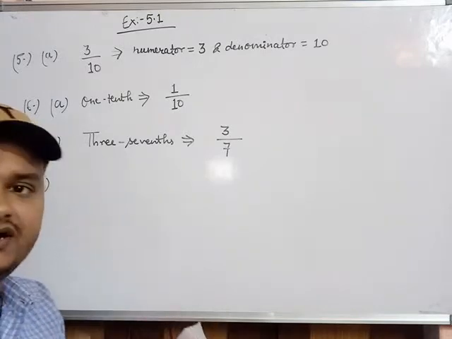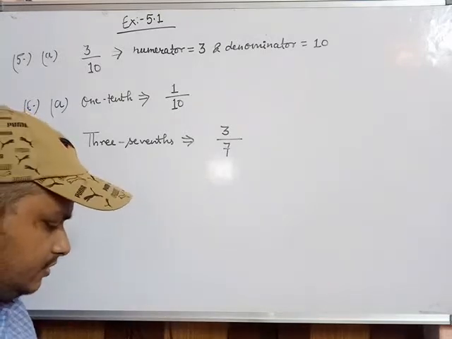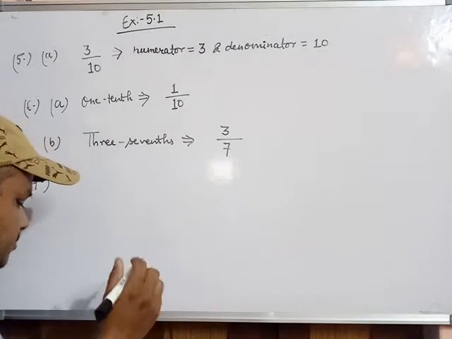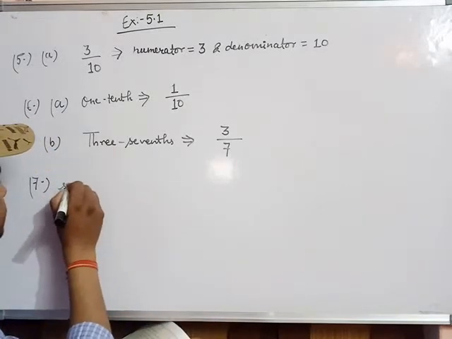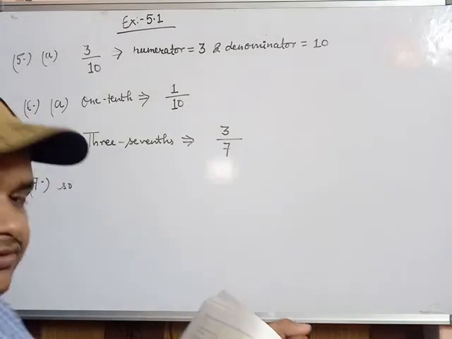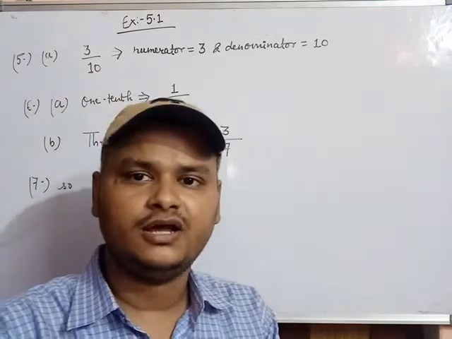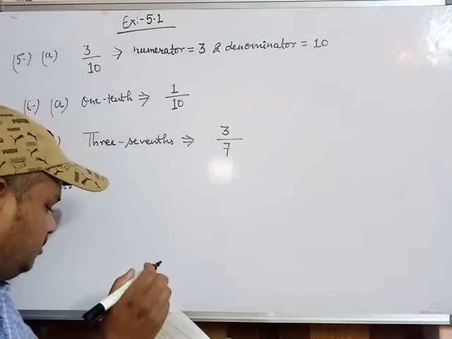So this is the word problem. First of all, you have to write the quantity of each person. You have to write the question in your book; I am writing only the solution here.